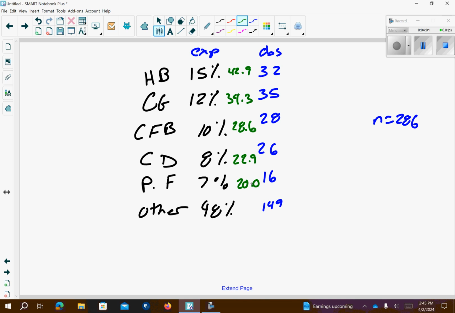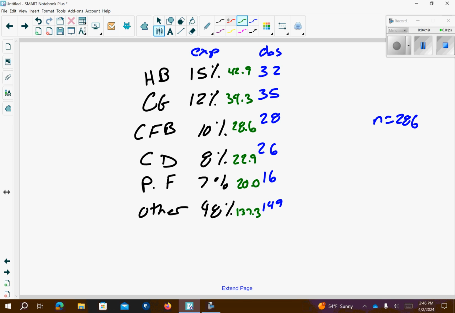And then 0.48 times 286 comes out to 137.3. Those, the green, are our expected values based on our selection of 286.